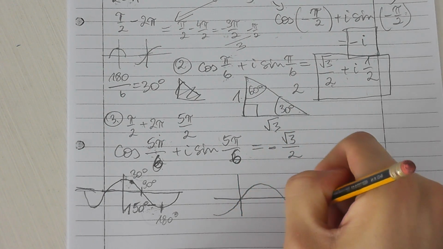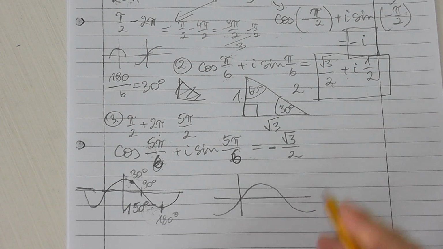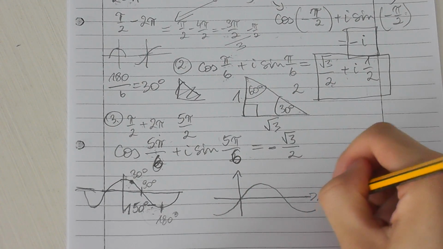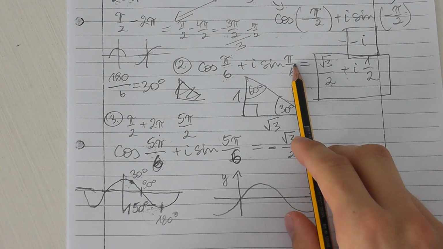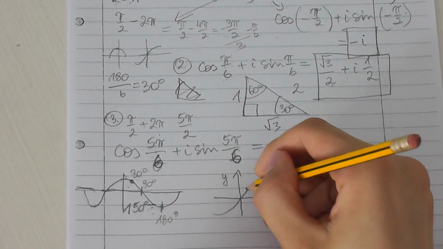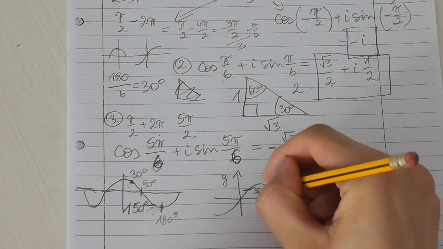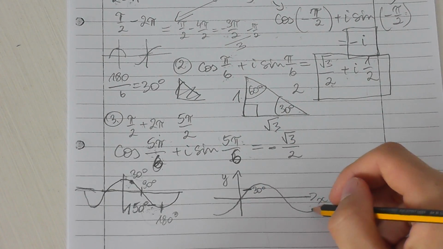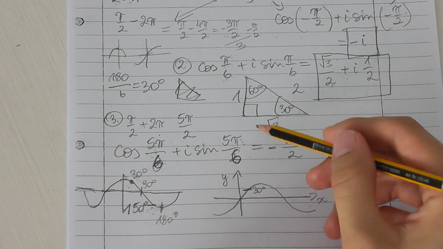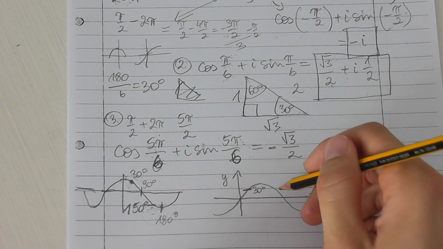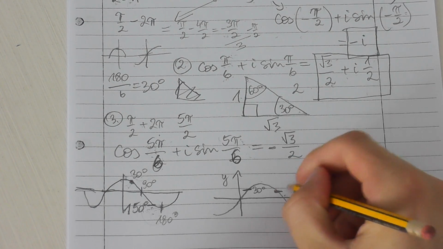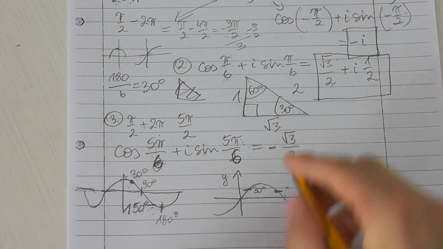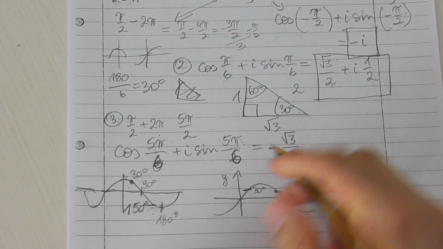Sine curve looks different. Perhaps I should draw this x, y. Sine of pi over 6 is here, 30 degrees, and the other one, which is 150, is going to be here, right? Yes, 150.